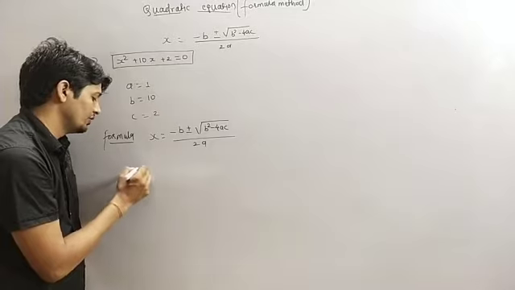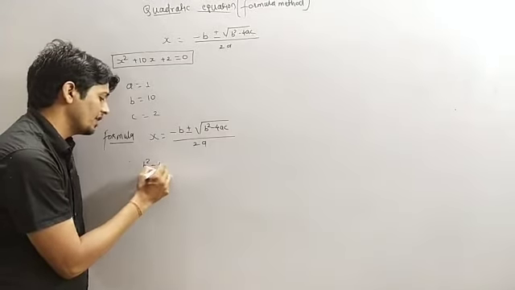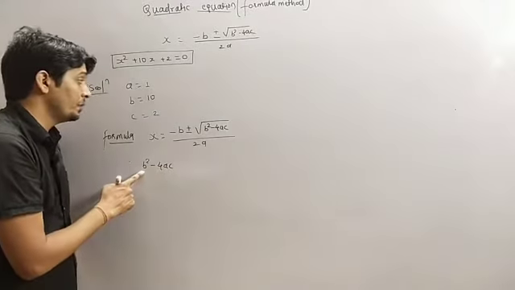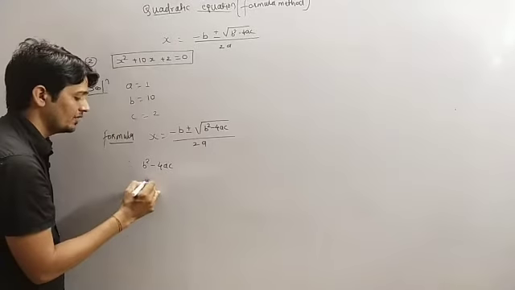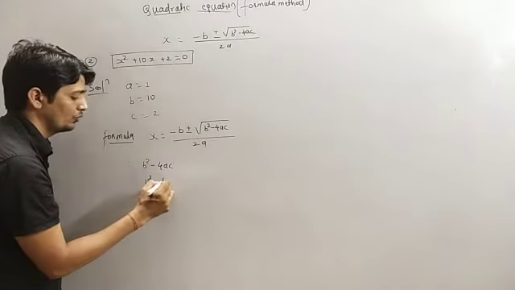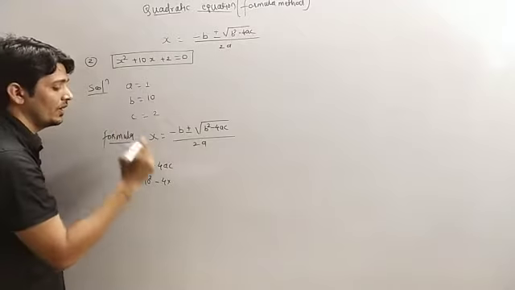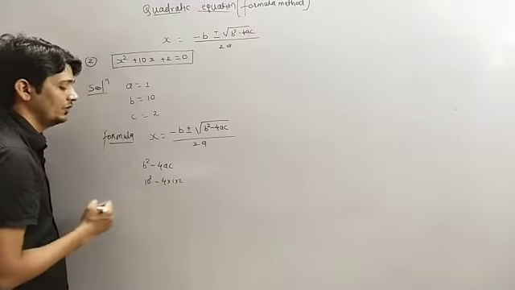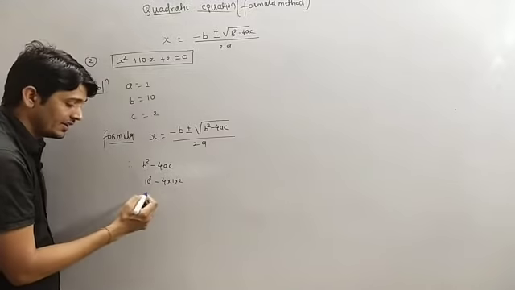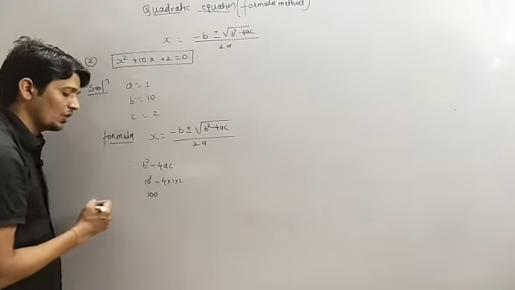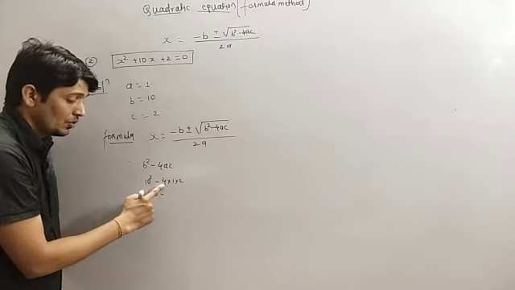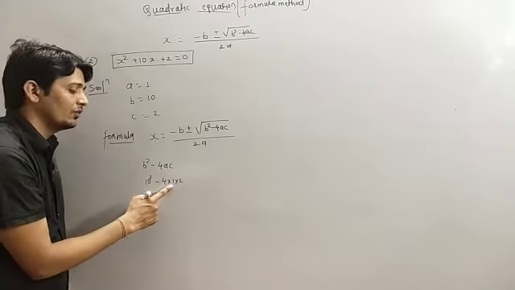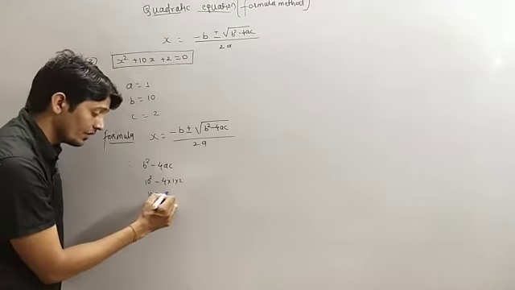Okay, so therefore b square minus 4ac, what is b? It is 10, so we have to write square of 10 minus 4 into, what is a? We have 1, so we have to write 1 into c, we have 2, so we have written 2. So square of 10 is 100 minus 4 ones is 4 and 4 twos are 8.